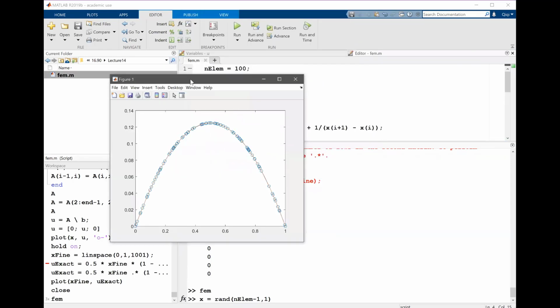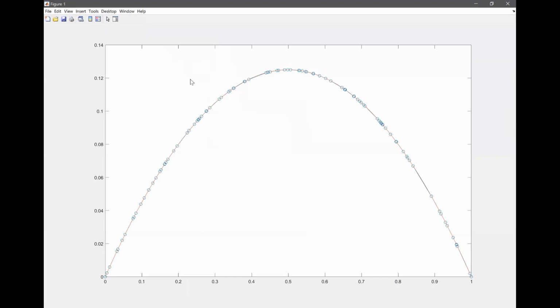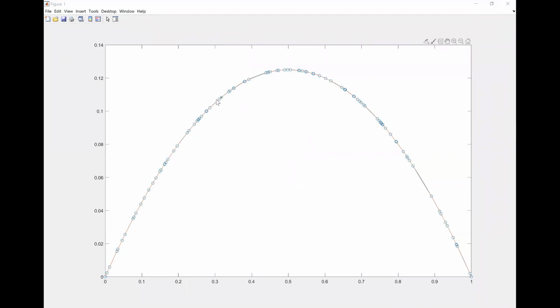So that's now the new finite element solution. I have completely scattered elements because of the random numbers I'm generating. But you can see that the solution matches the exact solution extremely well. That's one of the things about finite elements: if you get an equation that is suitable for solving, you sometimes get accuracies pretty much beyond what you expect.